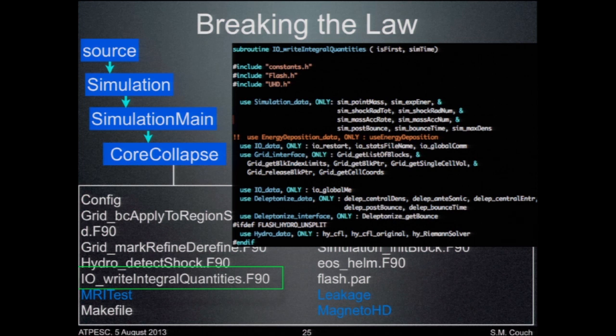It's very useful. But it's also very useful for it to have access to other units' data. So it lives in the simulation unit, so it can access the simulation data. That's not against the rules. IO, it can access that. But then we get down here, where there is some stuff in the deleptonize unit that I'd really like to know and spit out each time step via write integral quantities.